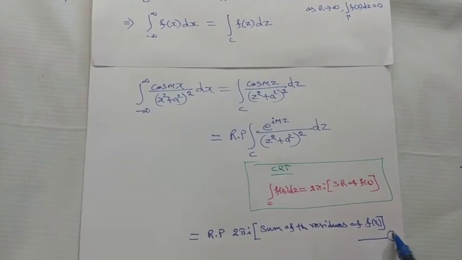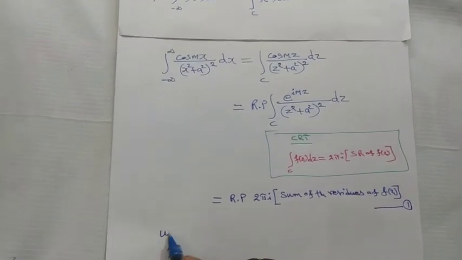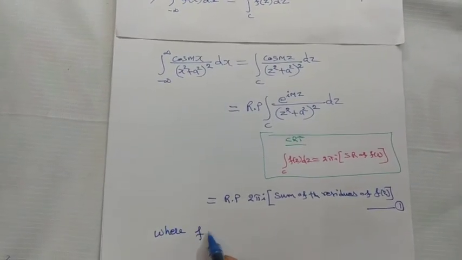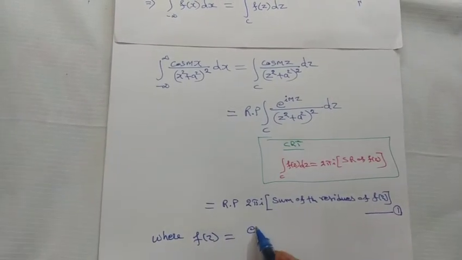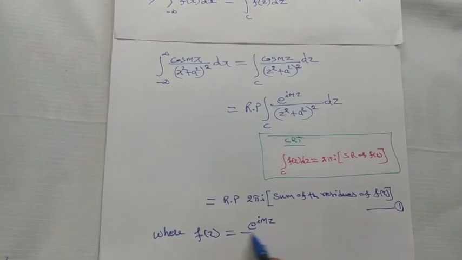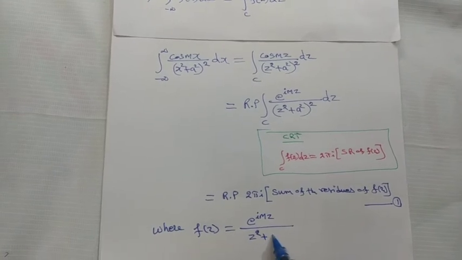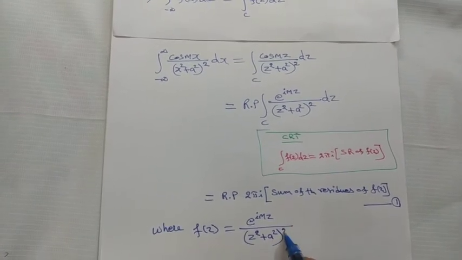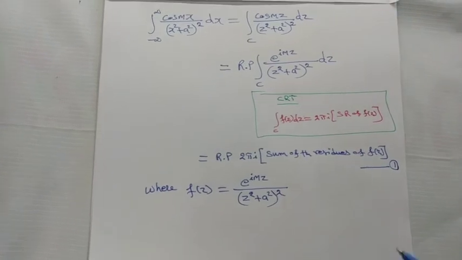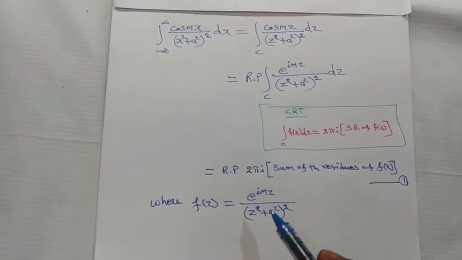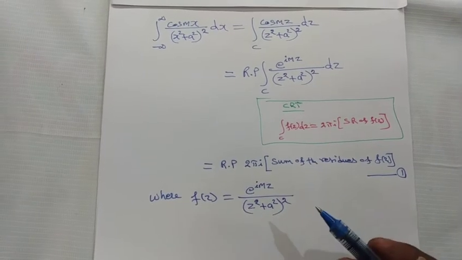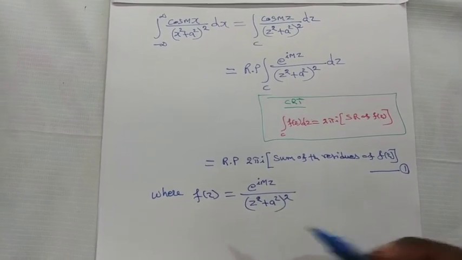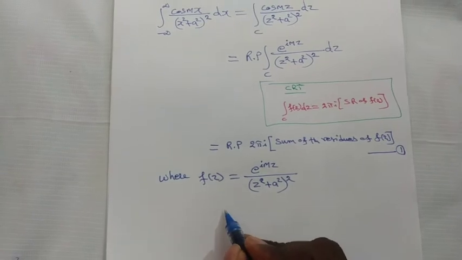Take this as equation number 1, where f of z is equal to e power i m z divided by (z square plus a square) the whole square. Now I want to find the residue of f of z. To find the residues, I want to find the poles. By equating the denominator to 0, we can find the poles.